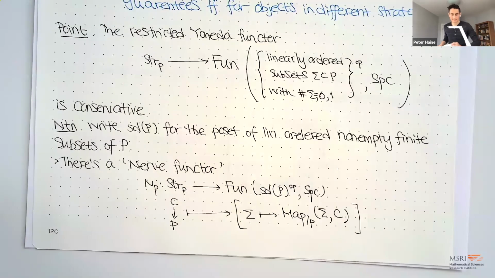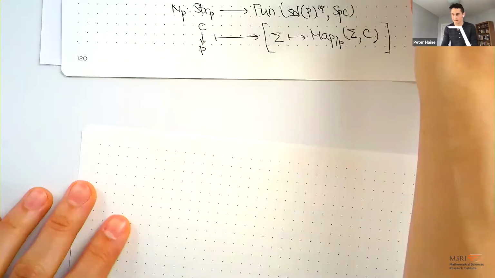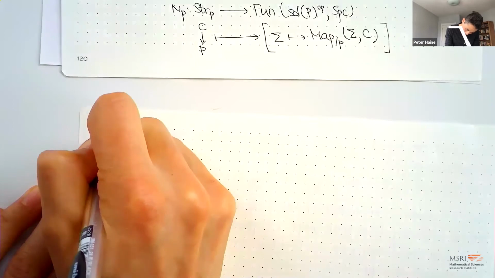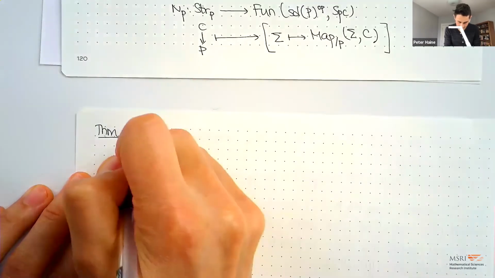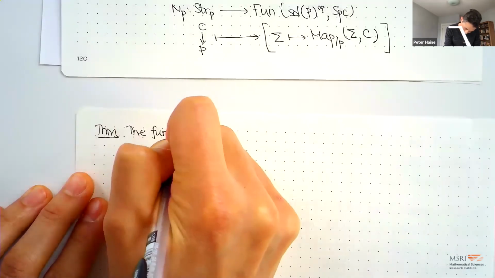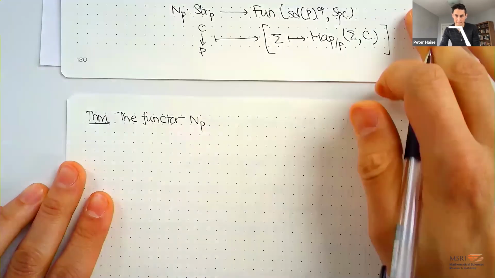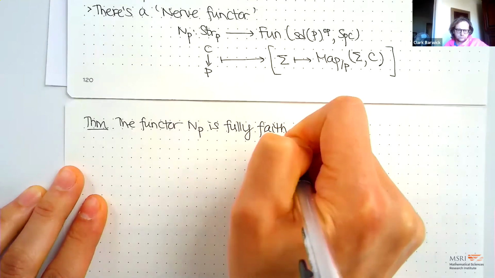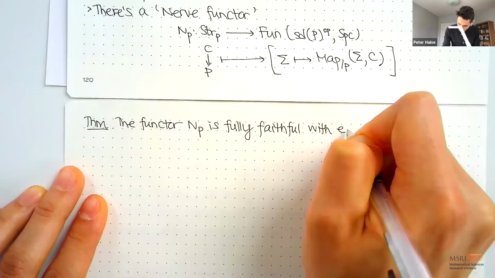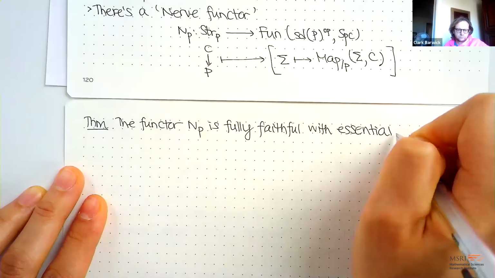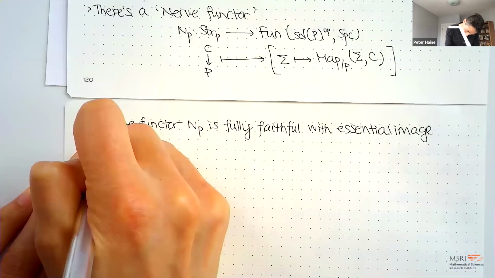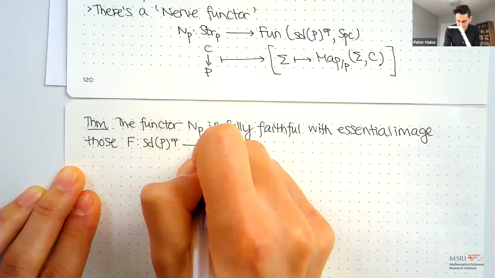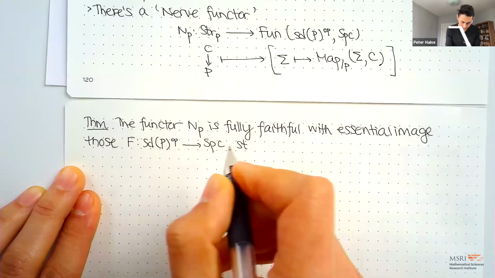And the point is that this nerve functor right here is fully faithful with essential image those presheaves such that the following condition is satisfied.